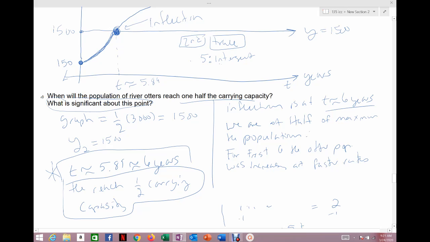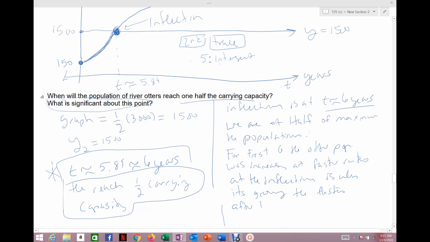It's the fastest at the inflection point. So at that 6th year, or at the 5.89, at the inflection point is when it's growing the fastest. It has the biggest slope, biggest rate of growth.